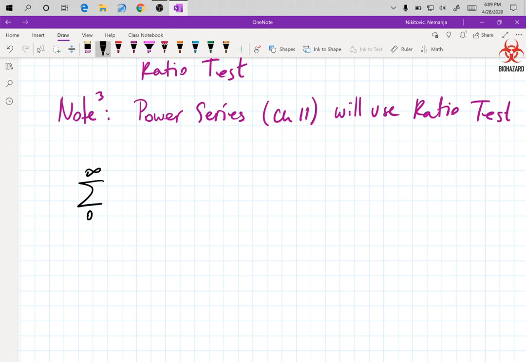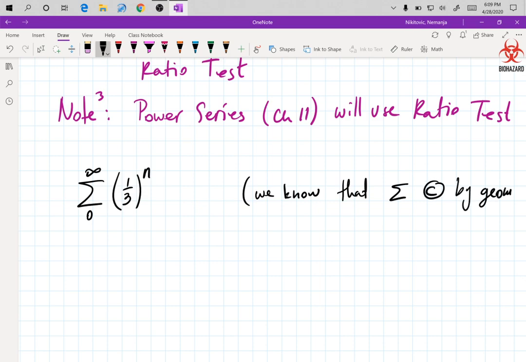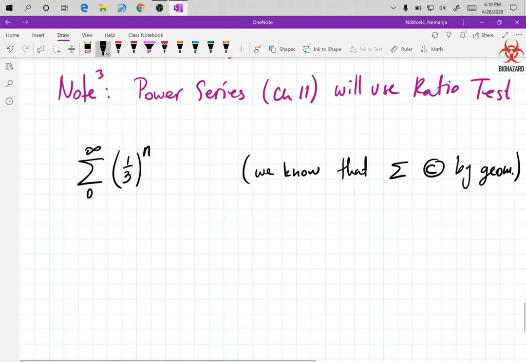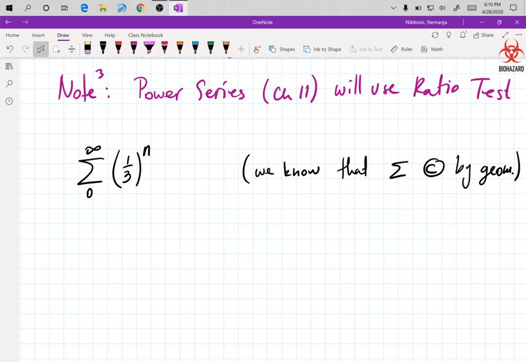Let's say you have 1/3 to the n. I'll just put in parentheses, we know that series converges by geometric. But we can also do the ratio test here and figure it out.